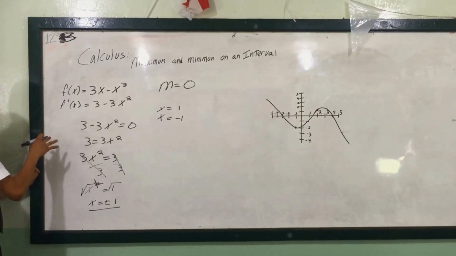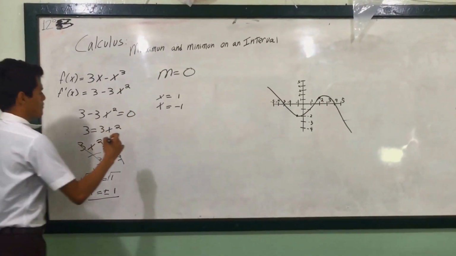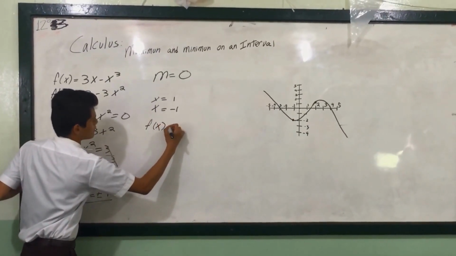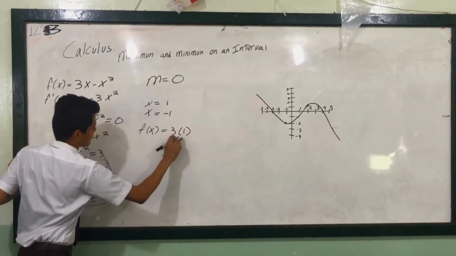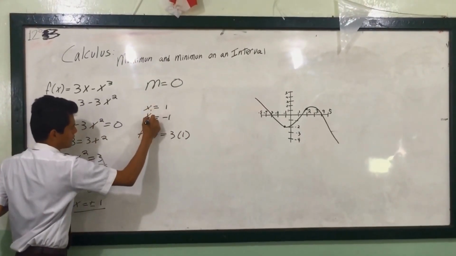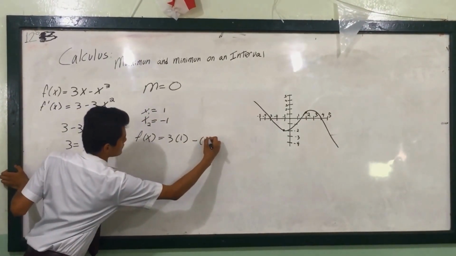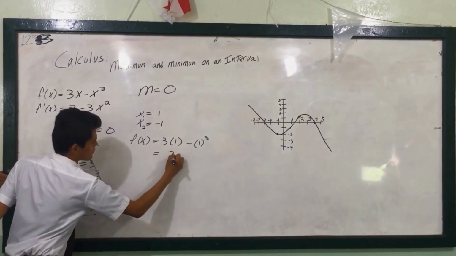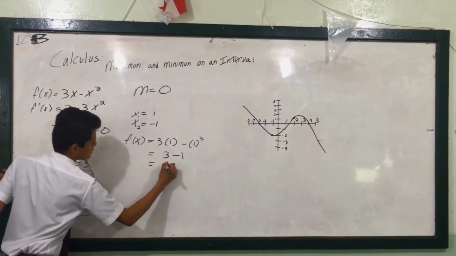It's not so complicated. First I'm going to do the positive 1, the first value. It's equal to 3 minus 1. That value is 2.